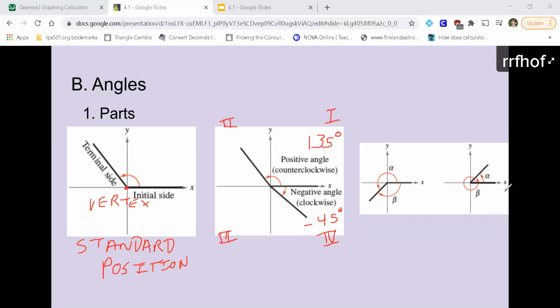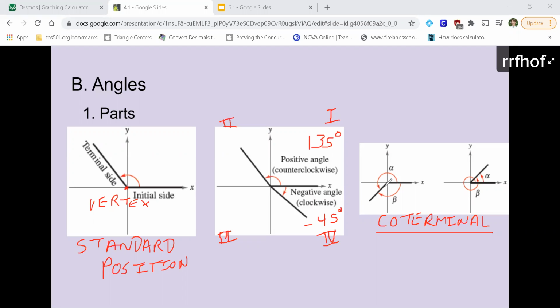All right, the last vocabulary term that you need comes with these two examples, and these examples are called coterminal angles. Two angles are coterminal if they look like we have in this picture, where they share the same initial side and they share the same terminal side.